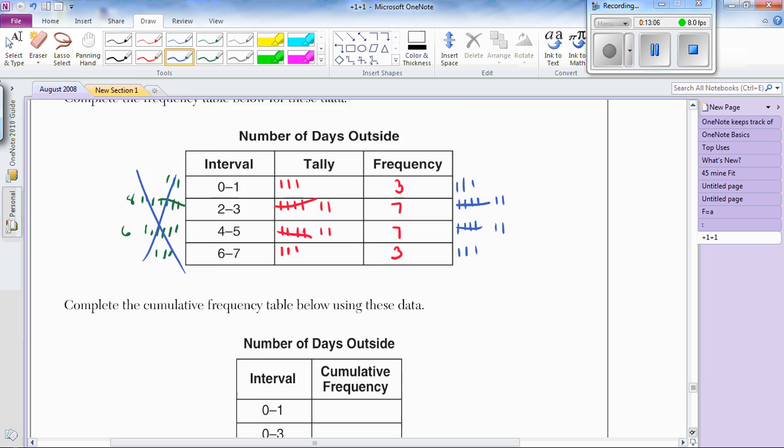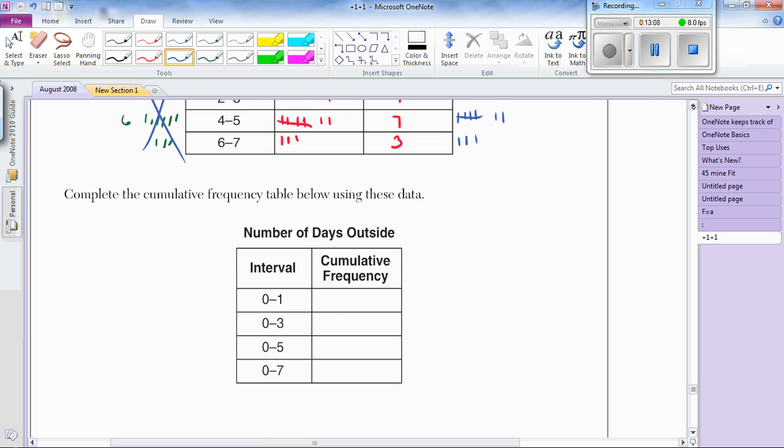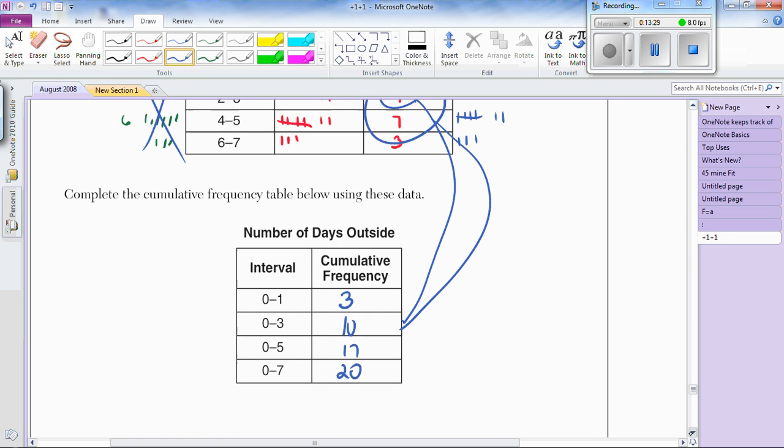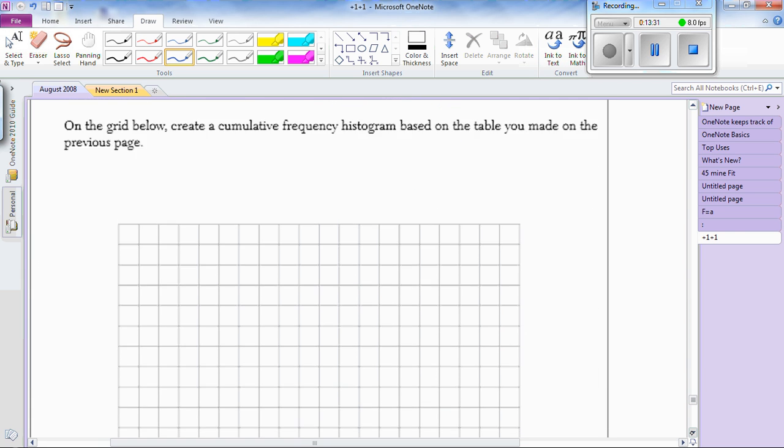It's kind of weird. Alright, so now I gotta do the cumulative frequency. In this case, the smallest is 3. From 0 all the way to 3, that's both of these. That goes here, so that's 10. And then 0 to 5 is all of these. That's 17, and finally 20. So 3, 10, 17, 20.